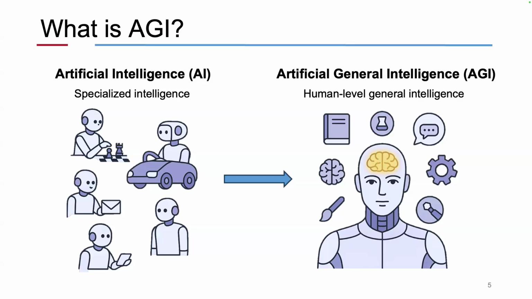So that's AGI. AGI is quite different from the current or many past AI systems, which only have specialized intelligence. For instance, an AI system which can only play chess or Go, or some AI systems which do face recognition, or even the autonomous driving car, or some AI systems which can help us translate language from English to Chinese or from Chinese to French.